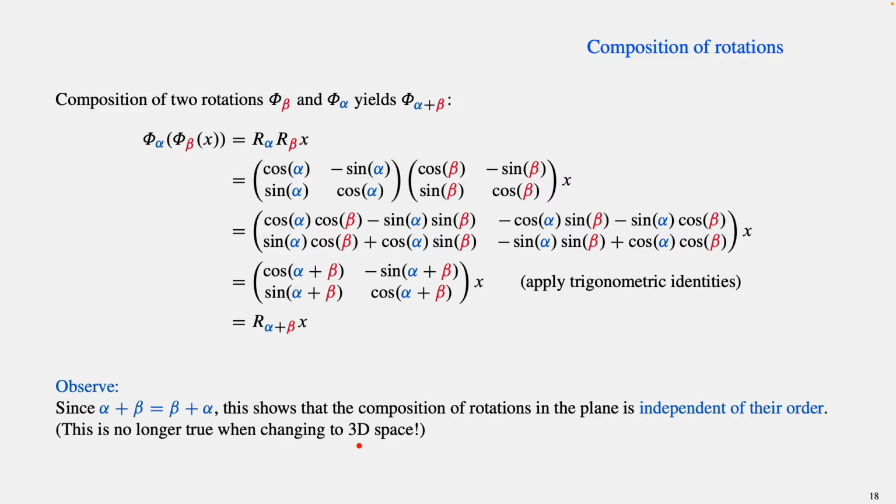So in three-dimensional space, composing rotations by different angles is not independent of their order, because you can rotate about different axes, so it can very well depend on the order there. But in two-dimensional space, in the plane that we are looking at the moment, the order of rotations is not relevant.